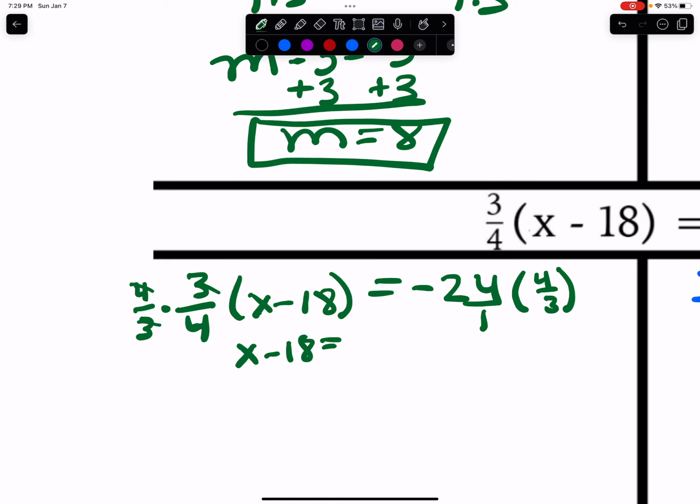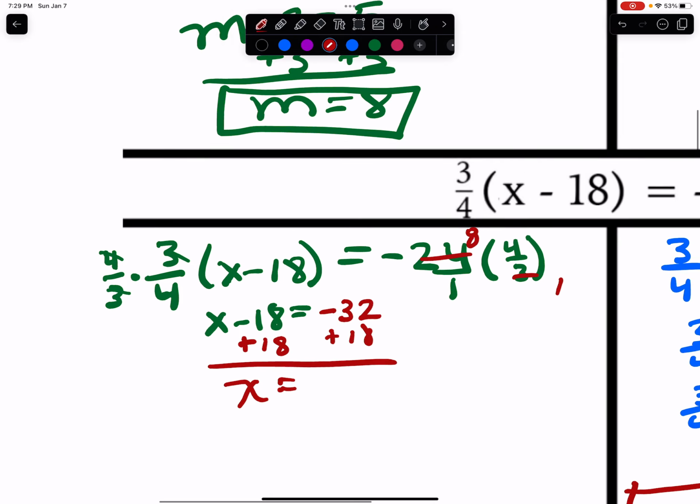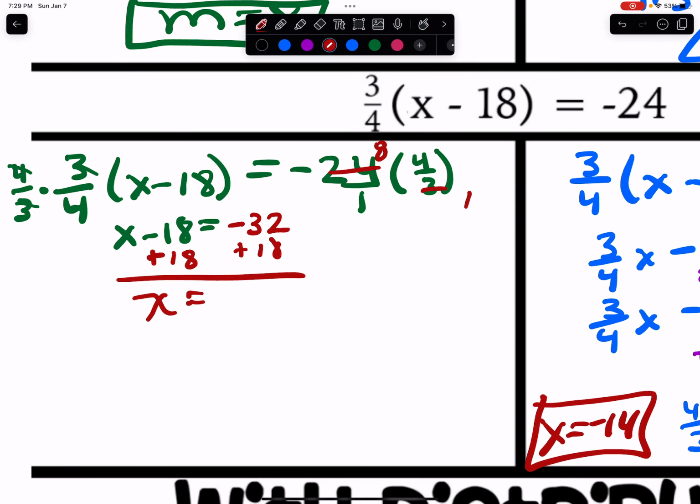3 goes into 3 1 time. 3 goes into 24 8 times. So negative 8 times 4 is negative 32. I'm going to add 18 to both sides. And what do you think that negative 32 plus 18 gives me? You guessed it, 14. Negative 14, because I have more negatives.